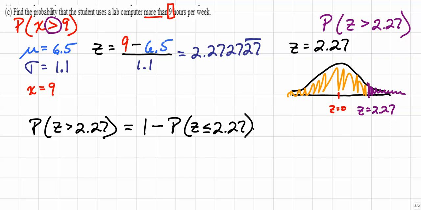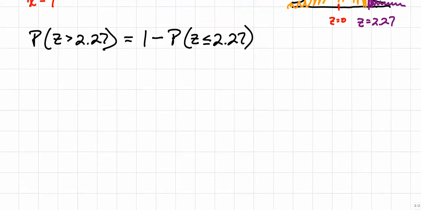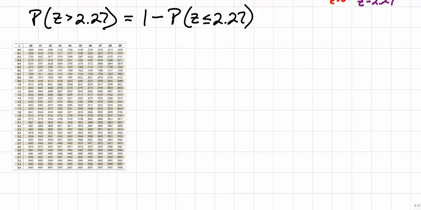So let's go to the table and look up the area under the curve for 2.27. So once again, we look for 2.2 in this particular table, which is right here. And then we're going to look for 0.07, which is right here, and then we find where the two meet.